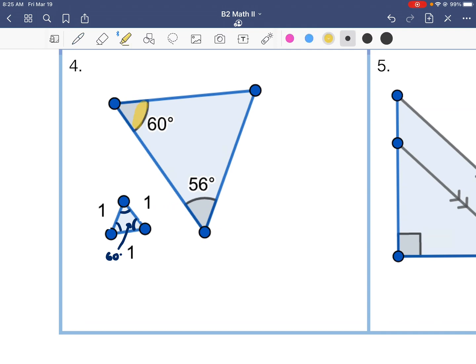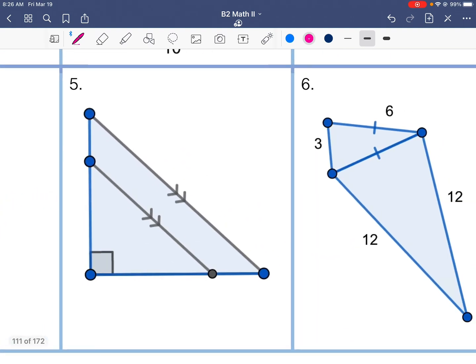And so there's already an issue, right? Because it looks very similar. These look like the same triangle, but only one of these angles is 60. The other one is close to 60, but not, right? This one is not 60, and so this is a no. They're not similar, because they don't have all their angles the same.